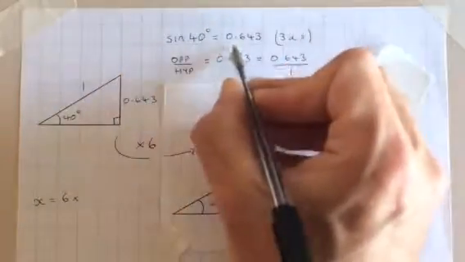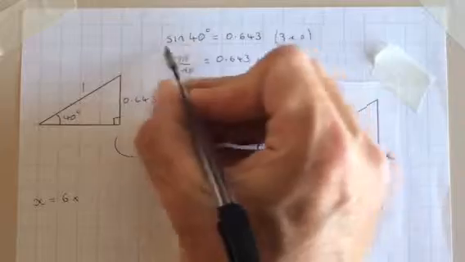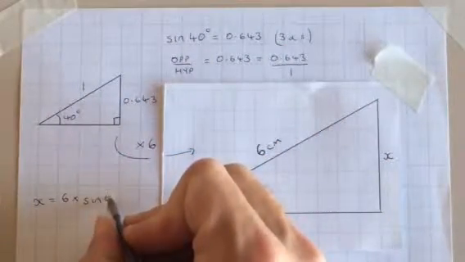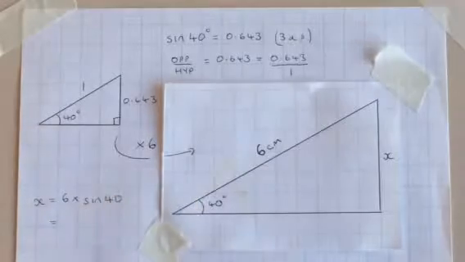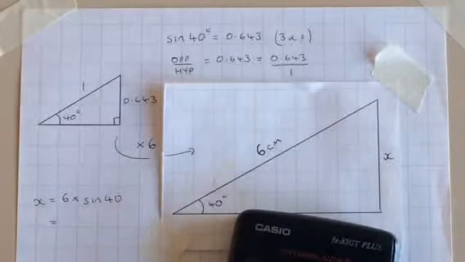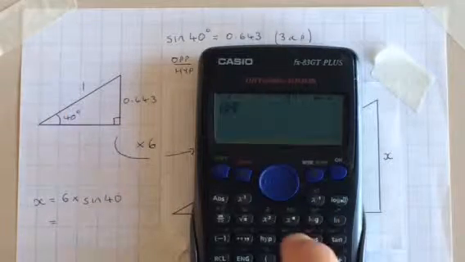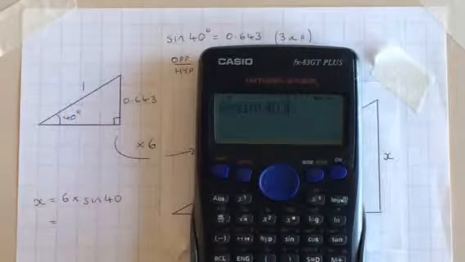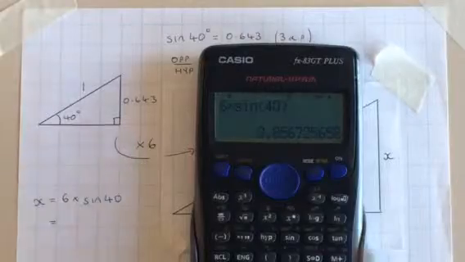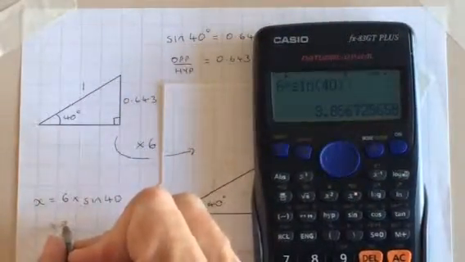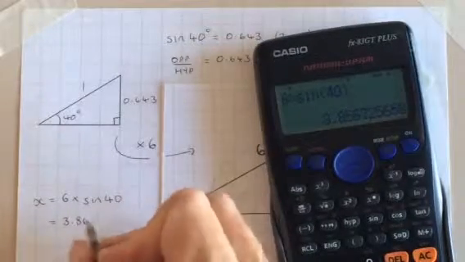To be more accurate, rather than writing that, I'm going to write sine of 40, because I know that number is exactly right. So x is equal to 6 times sine of 40, which equals 3.86 to 2 decimal places.